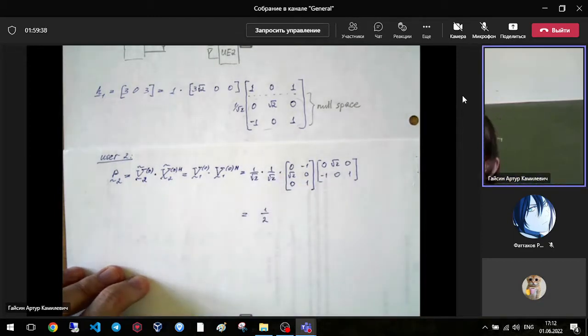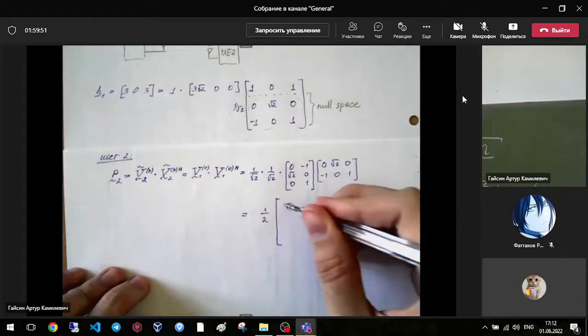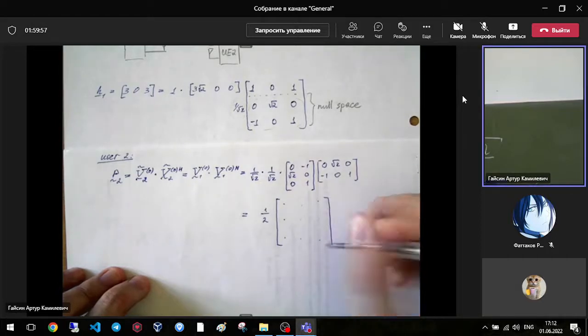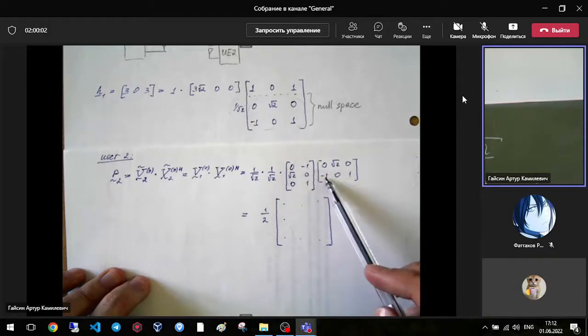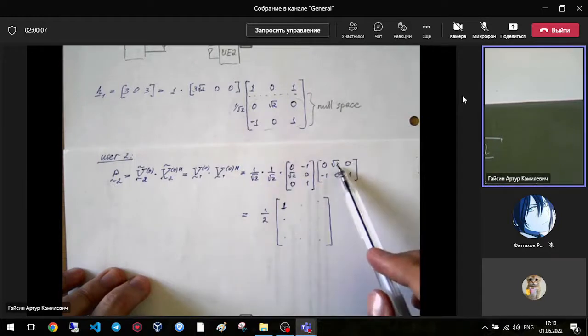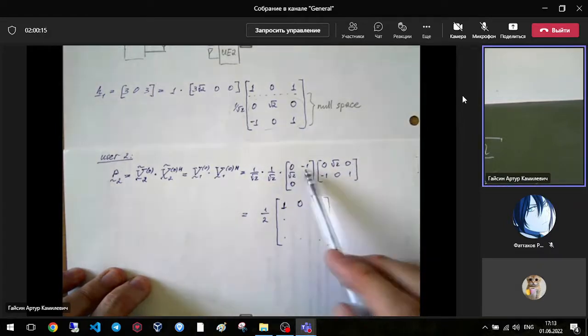And what we have for these matrices. I can say that it is of size 3 by 3 also. So we make here a 3 by 3 matrix. And what we have, 0 times 0, then plus -1 times -1, each is 1. Second one, it is 0 times square root of 2, and 0 times -1, so it is just 0. And the last thing, 0, 0, -1 times 1.